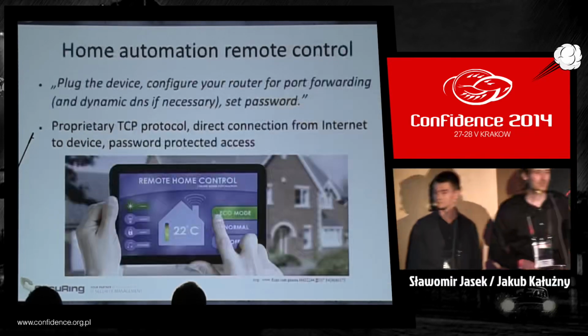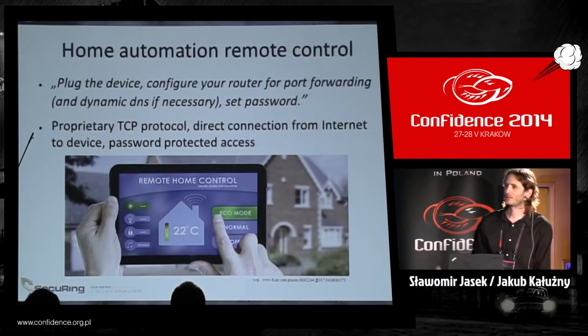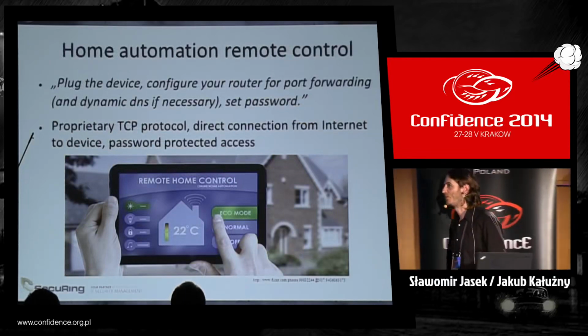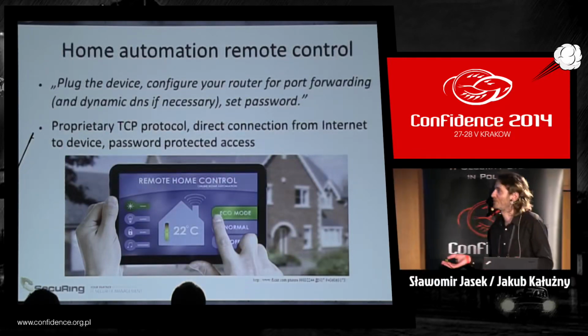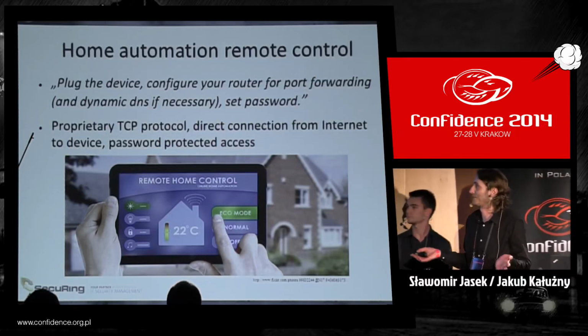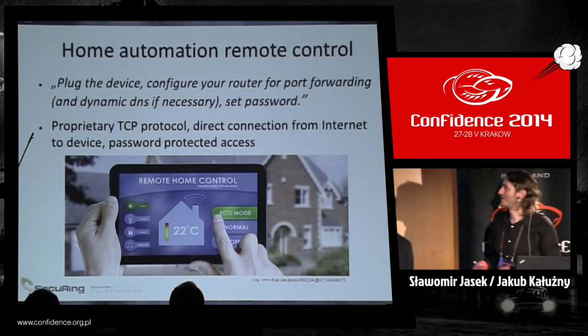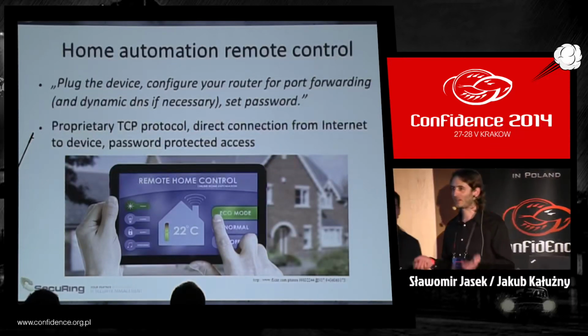Okay. So our first example is a mobile application to remotely control your home, for example, to turn something off or on. The application works in connection with an appliance.